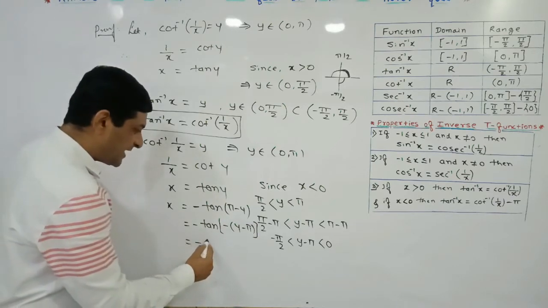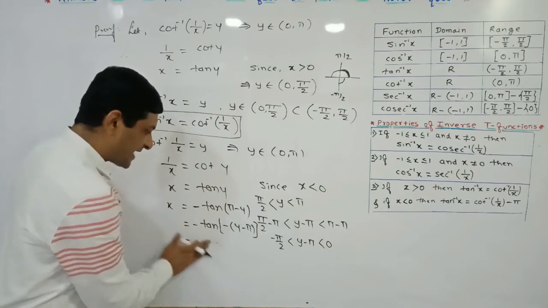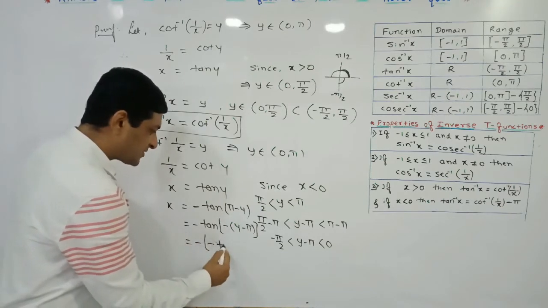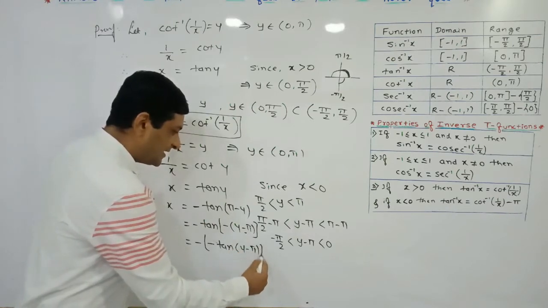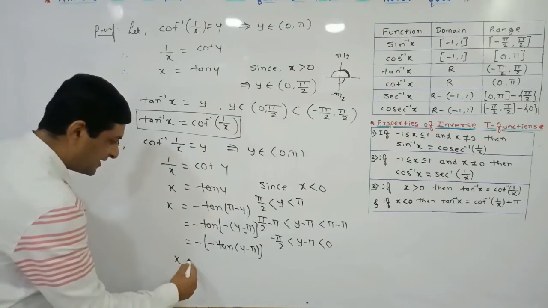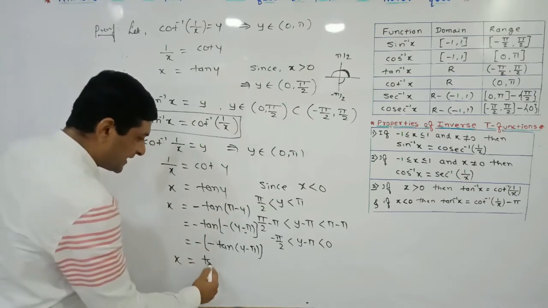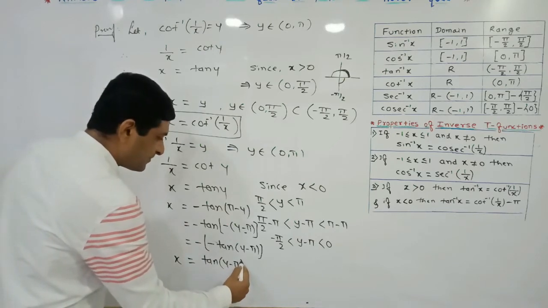So minus, keep it as it is, tan also as it is, its value will be minus tan theta, where theta is y minus pi. So minus and minus will become plus. What result have we got here? X will be equals to tan of y minus pi.